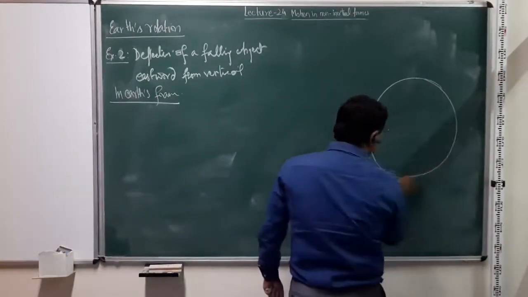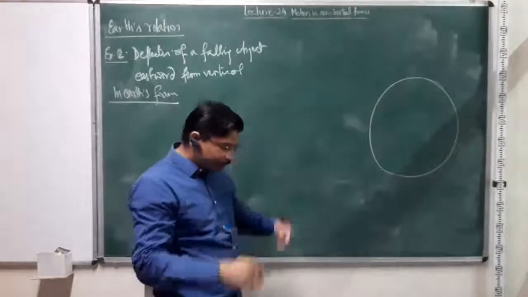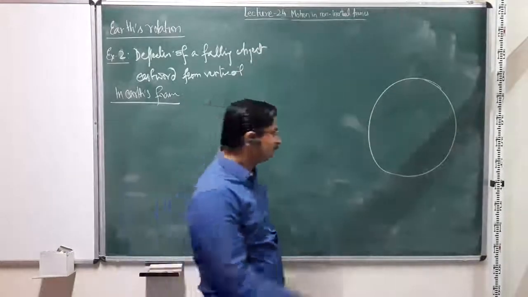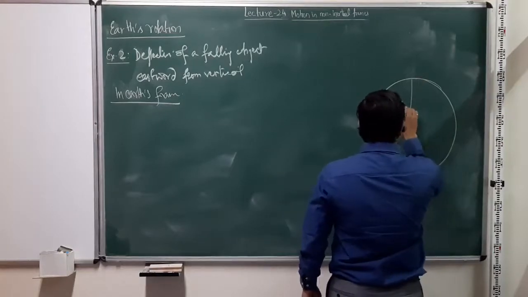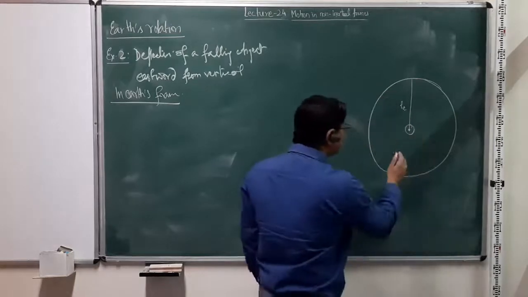Okay, so now let us draw our Earth and try to see this. Let's say this is the equatorial plane of the Earth, and this is the center. So this is the radius of the Earth. Now the axis of rotation.